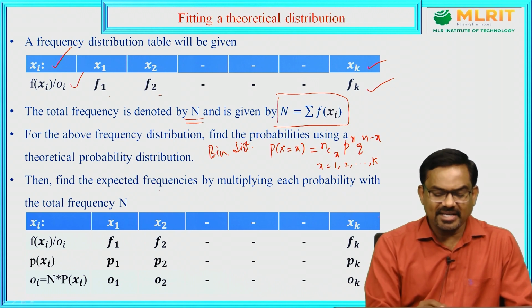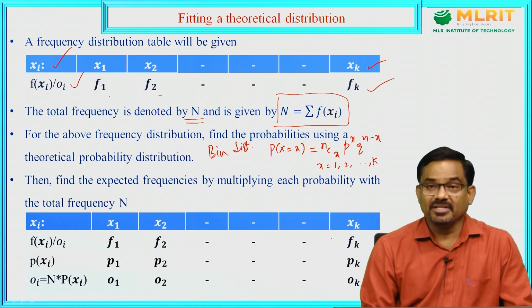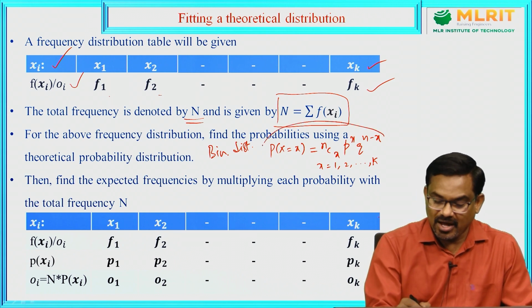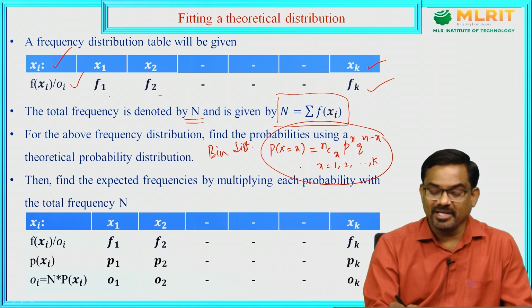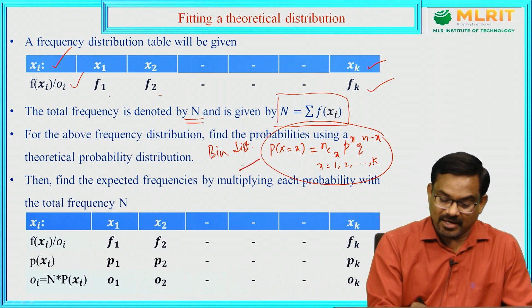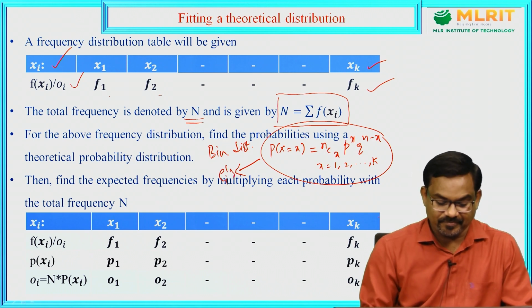Next, find the expected frequencies by multiplying each probability with the total frequency. Here in step 2, we have obtained the probabilities using, for example, the binomial distribution. Now multiply each probability with the total frequency capital N. Then we obtain the expected frequencies Ei's.